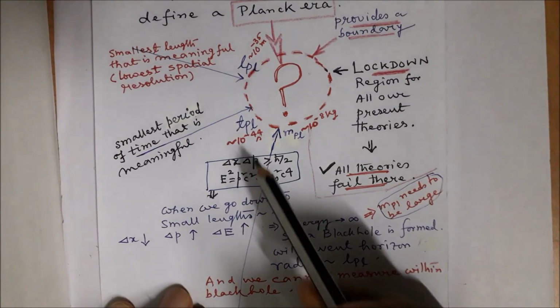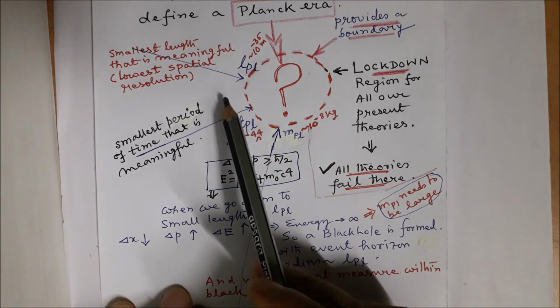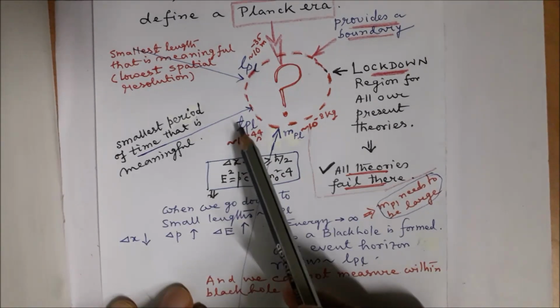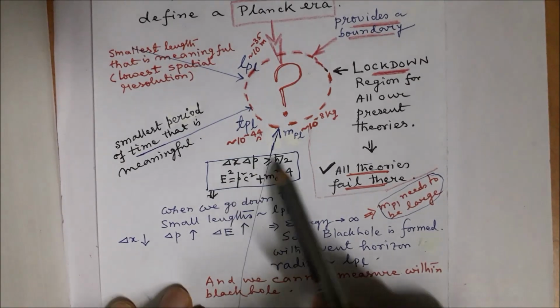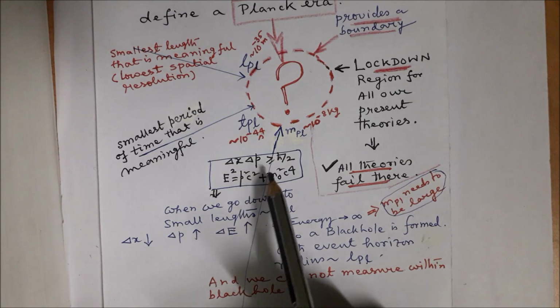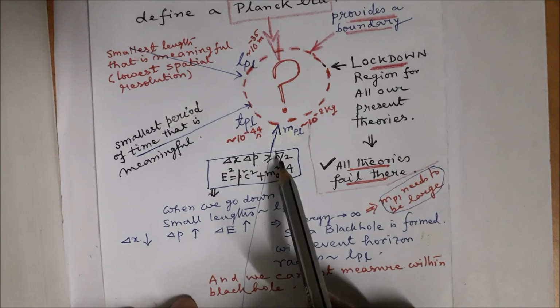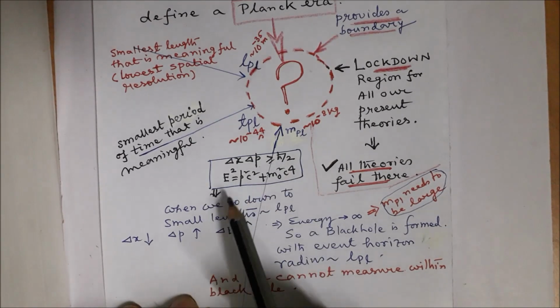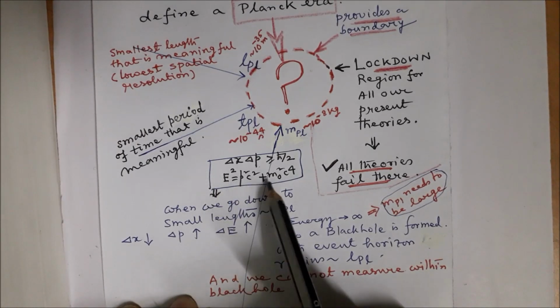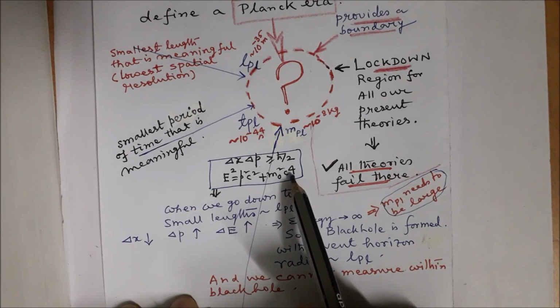Let us try to explain why we cannot go beyond Planck length or Planck time. Let us consider Heisenberg's uncertainty principle, delta x delta p greater than or equal to h cross by 2, and this equation, which is an equation from special theory of relativity, E square equal to p square c square plus m0 square c to the power 4.